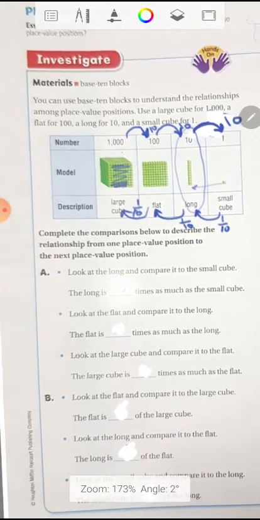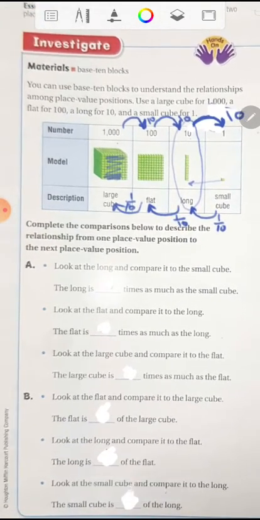Okay, now let's solve this page. Here, the long is a missing number times as much as the small cube. Look, the long is greater than the small cube by 10 times. So the long is 10 times as much as, which means bigger than by 10. Now the flat is a missing number times as much as the long.